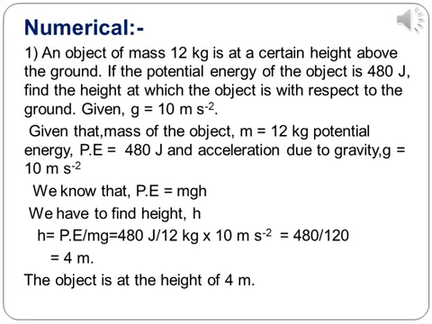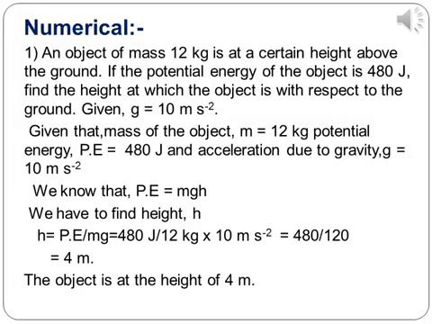What is its solution? This question gives two values. First one, mass of the object m is equal to 12 kg and its potential energy is equal to 480 joules. We know that potential energy PE is equal to mgh.